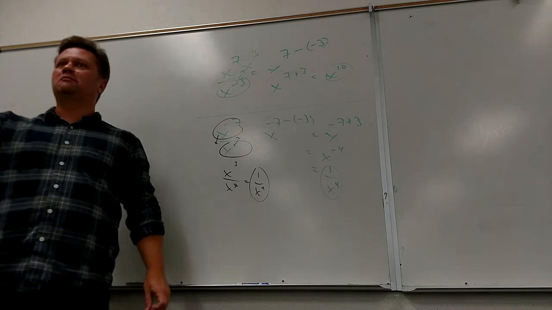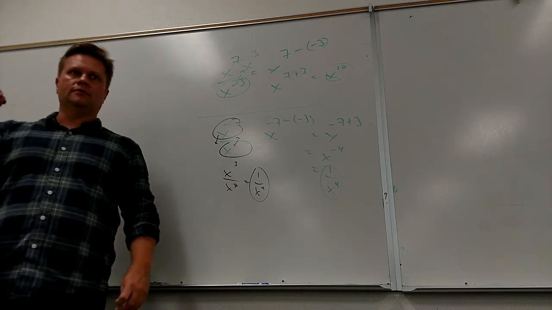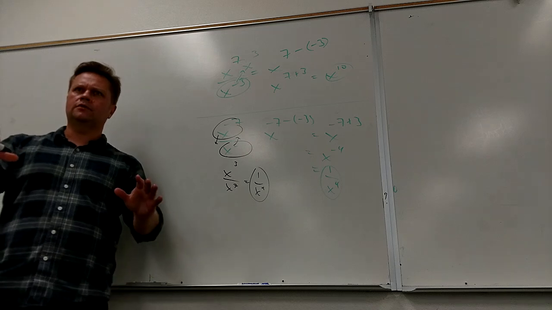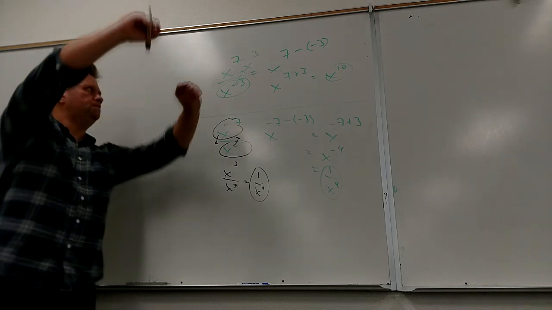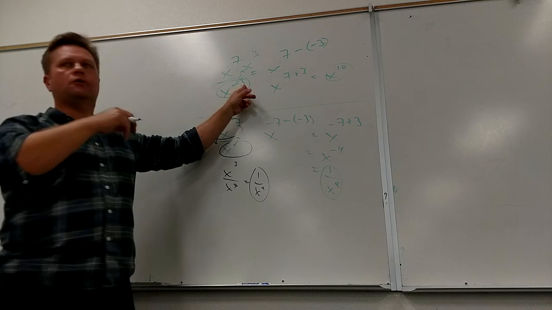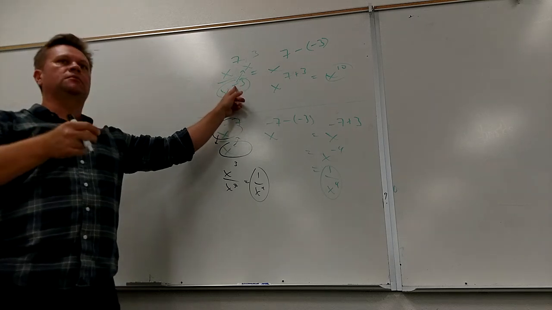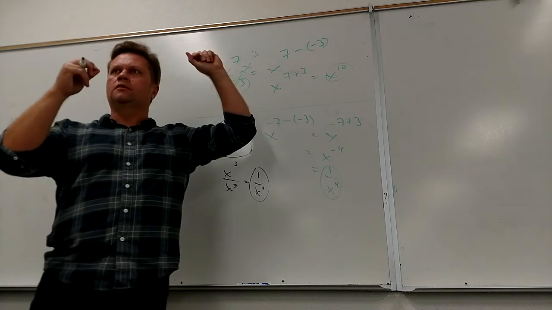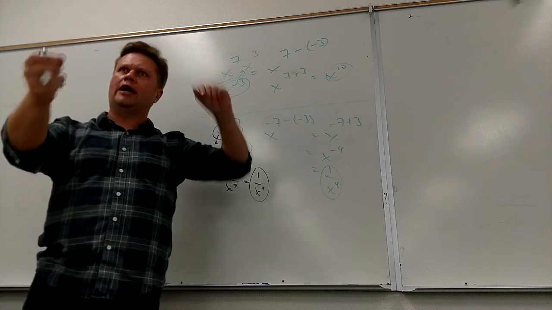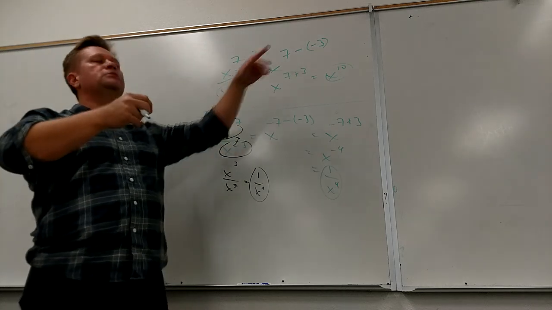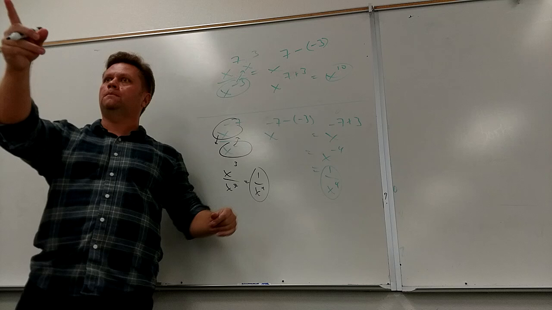It's just not always the best way to do it. Does that make sense? It's a good question about why I'm not really adding these powers. It becomes addition because I'm subtracting the negative. Dividing like bases means you subtract the powers, but when that's negative, it becomes plus. Of course it does.